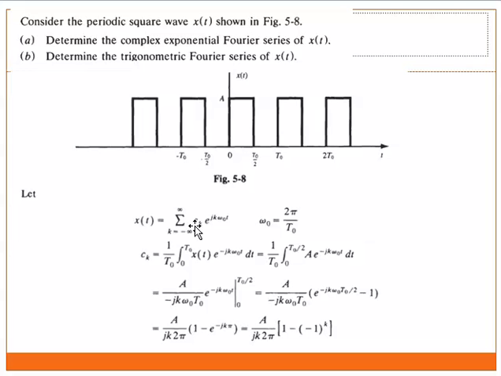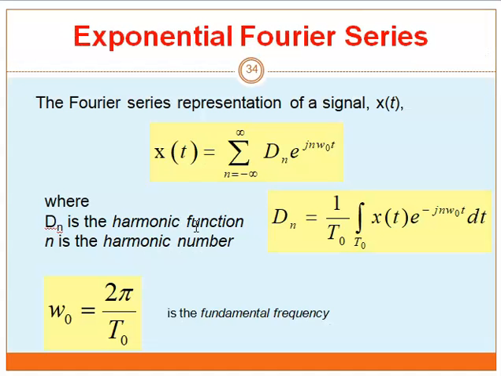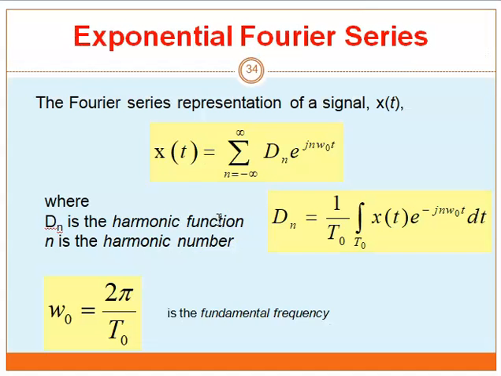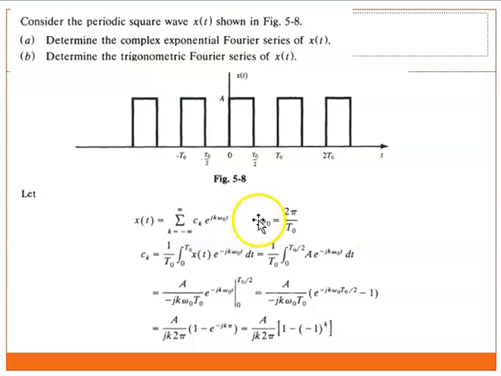Ck here would be your harmonic function, the Dn, where k is your harmonic number, and ω0 is equal to 2π over T0.